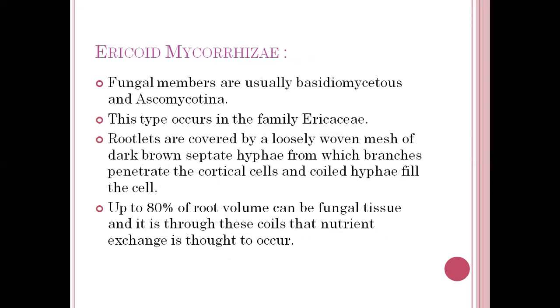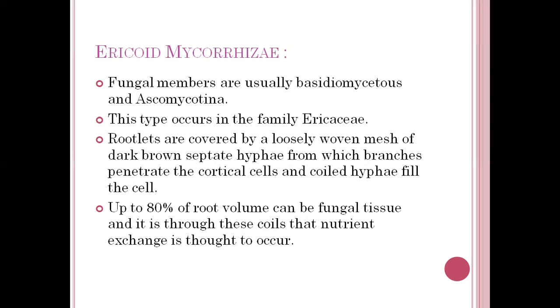The second type of endomycorrhizae is ericoid mycorrhizae, and the fungal members involved in the formation of such mycorrhizae include the Basidiomycetes and Ascomycotina. This type of mycorrhizae occurs in the family Ericaceae, where the rootlets are covered with a loose mesh of dark brown septate hyphae.